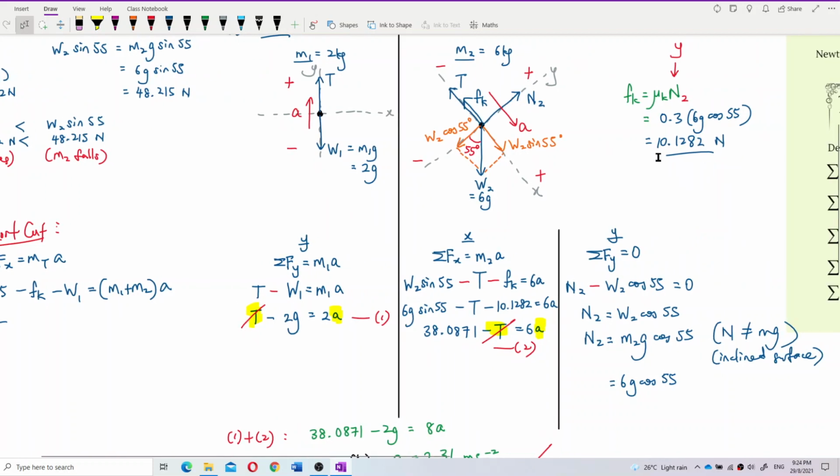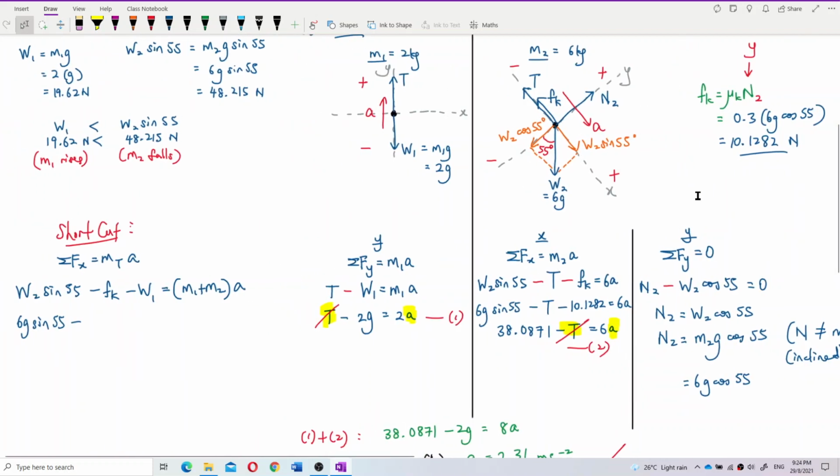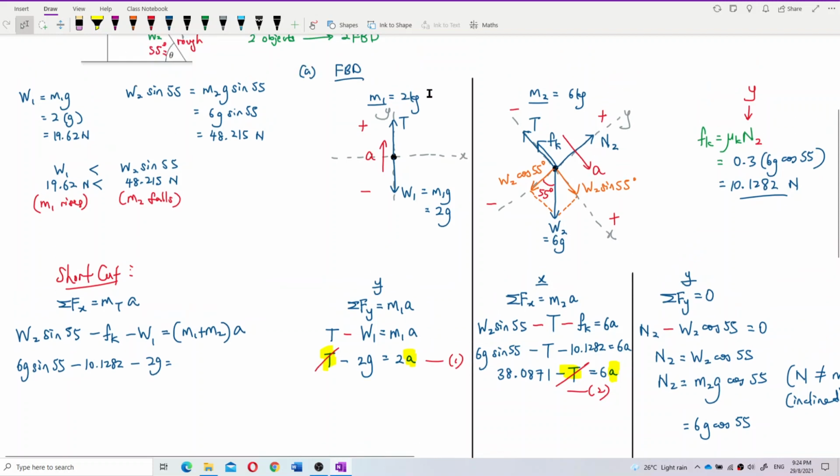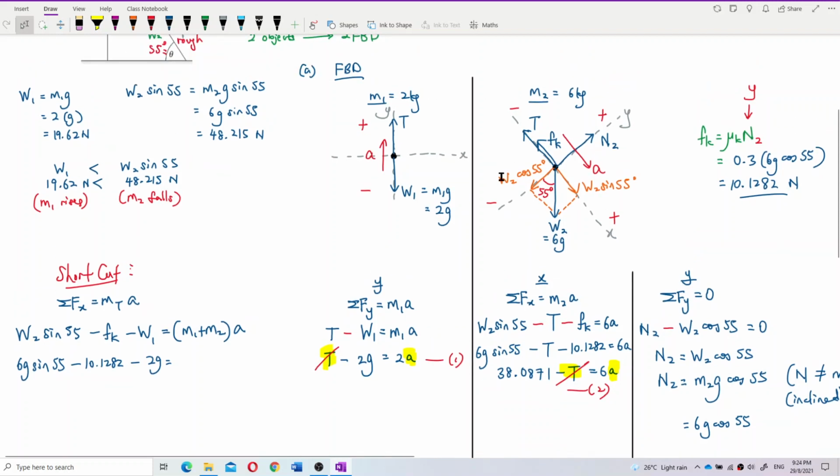We got 10.1282. And then weight 1 is 2g, and the whole mass is 2 kilogram plus 6 kilogram, so it is 2 plus 6 here.